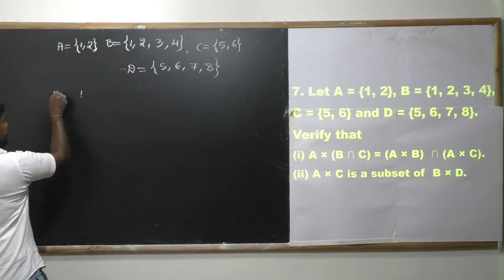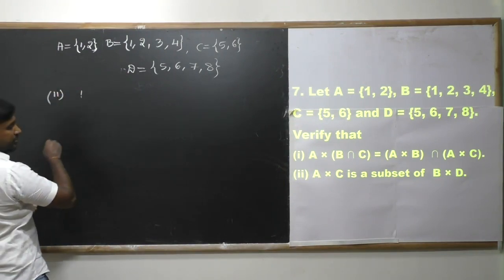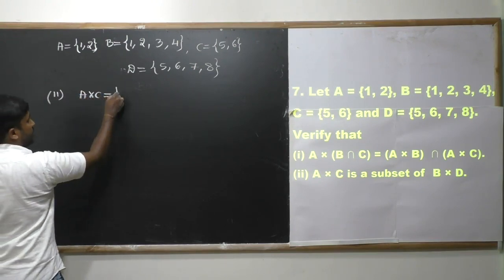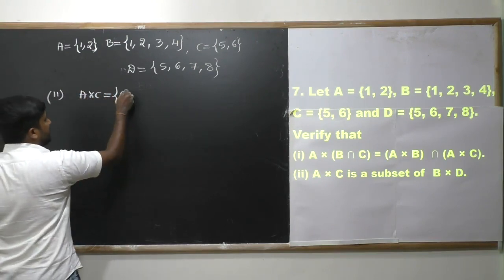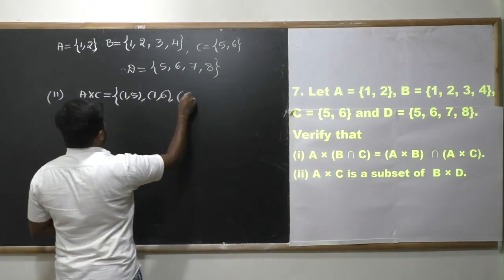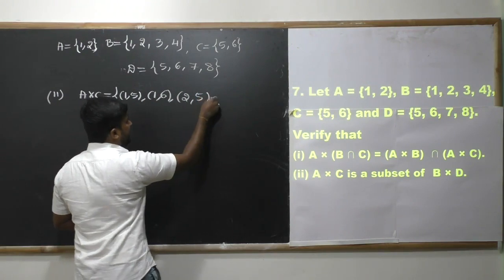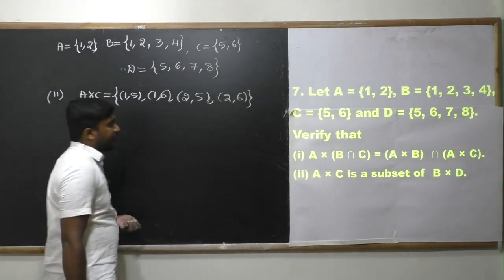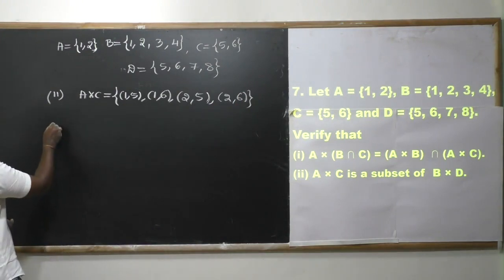We are verifying the second sub question. A cross C is equal to the set with ordered pairs (1,5), (1,6), next (2,5), (2,6). Correct?